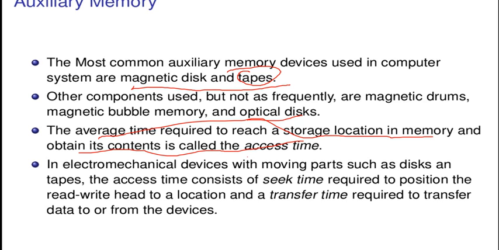So what is the access time? Suppose we want to read one word of data, and we require 1 millisecond to read that data. This time is known as the access time.